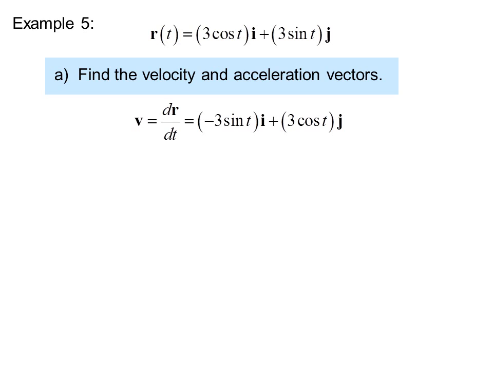So we get v equals dr/dt equals negative 3 sine t i plus 3 cosine t j. Acceleration is the derivative of the velocity, so we get the acceleration equals negative 3 cosine t i minus 3 sine t j.